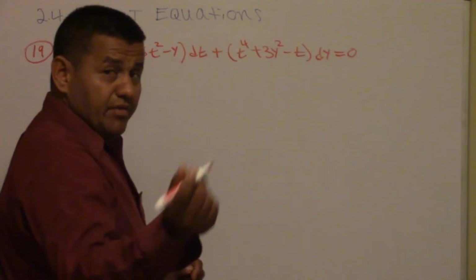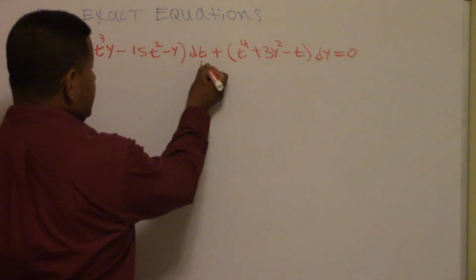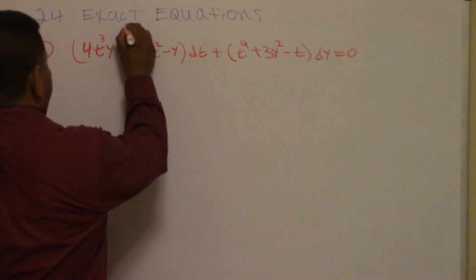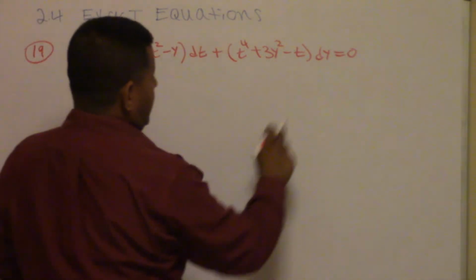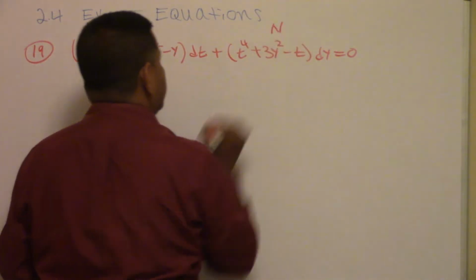What I'm going to do right now is call this one m because it has a dt, and this one n because it has a dy, okay?